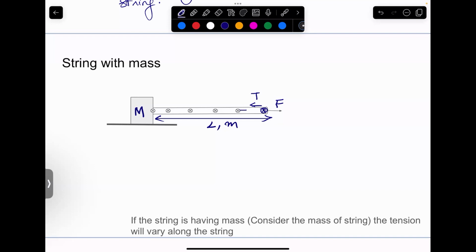So that will be T. Now, because of this T, we don't know about the force here, so I will take it as T1. So this T1 will cause an action reaction pair here. That will be T1 again, right?